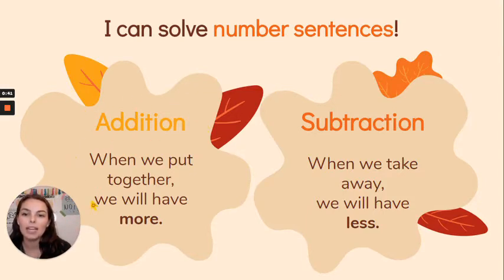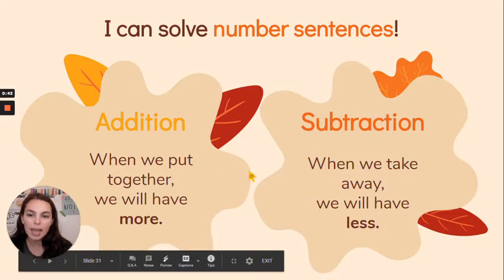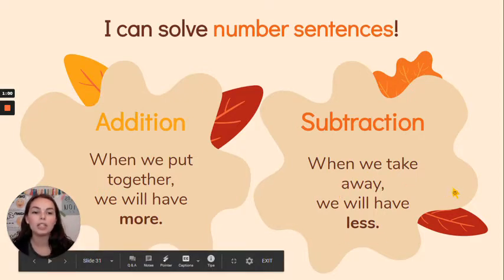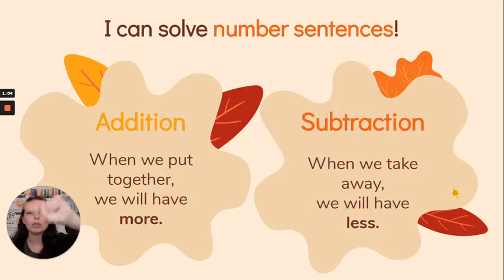So we have addition number sentences, and that's when we put numbers together. We will end up having more. And we always do this sign for adding, addition, because you start with some, and then you add more, and we have the plus sign. For subtraction, that is when we take away, we will have less. So we use the minus sign. If you put your finger out, that's what a minus sign looks like.